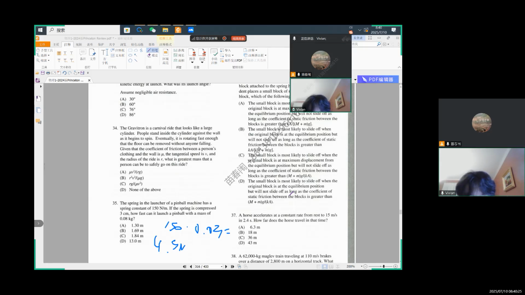Then all the answers are in meters. Hmm. 4.5 newtons, and then you have 0.08 kilograms.